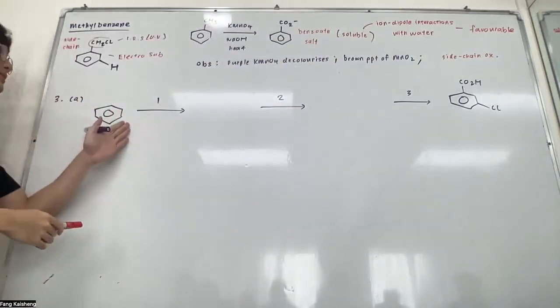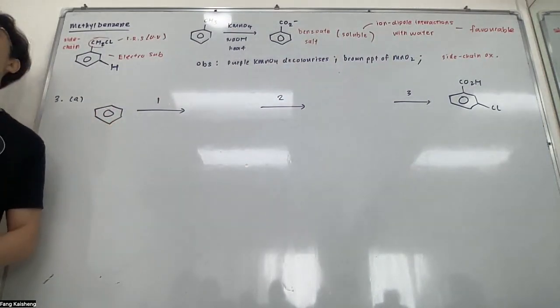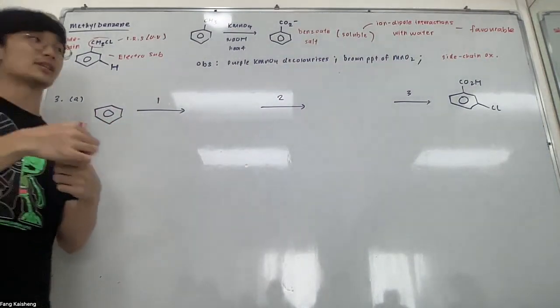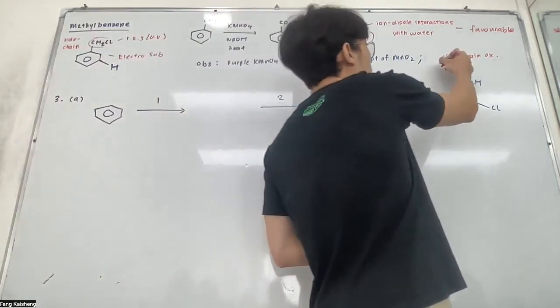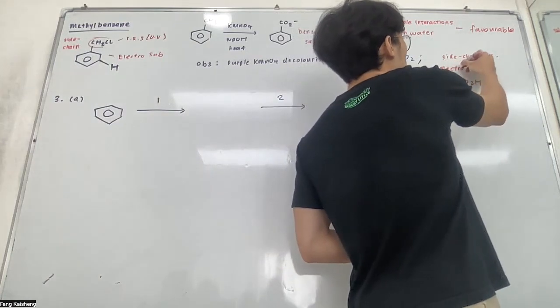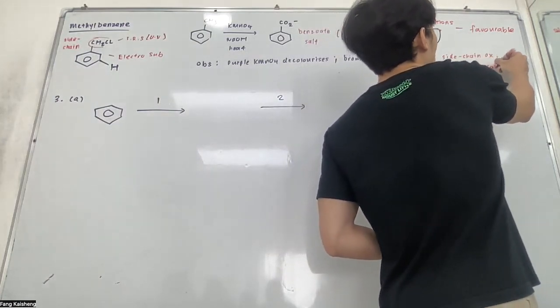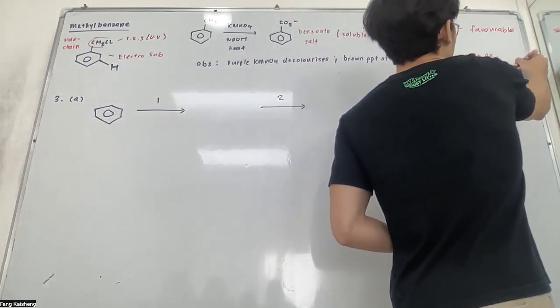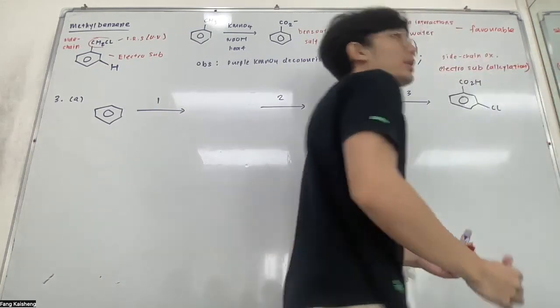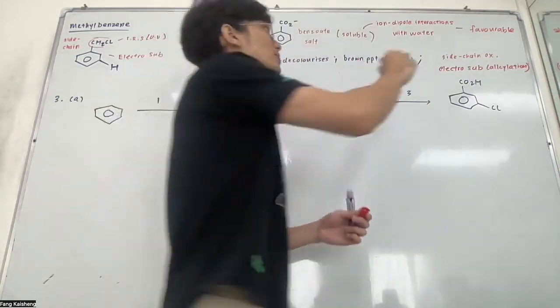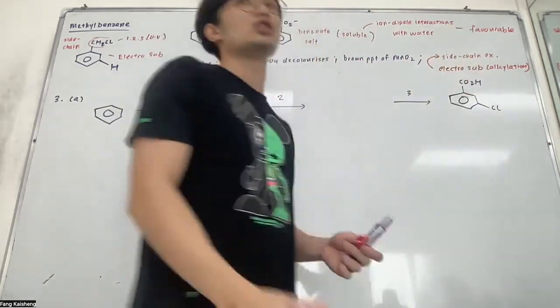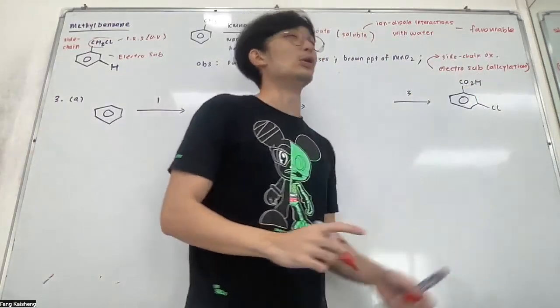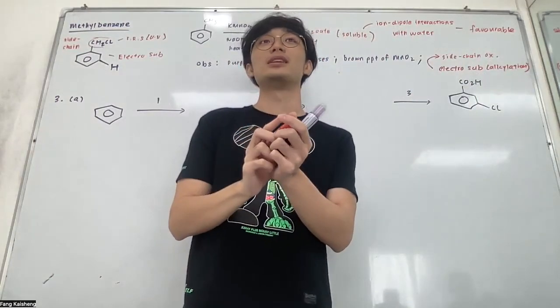Possible, right? Electrophilic substitution, more specifically, electrophilic substitution of an alkyl group, alkylation. Remember, don't write alkylation as the reaction type. It is just electrophilic substitution. So can see what's happening here. This must happen first, and then we can undergo side chain oxidation. So that's how the CO2H was formed in the first place.